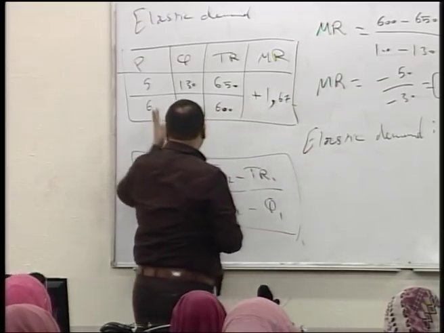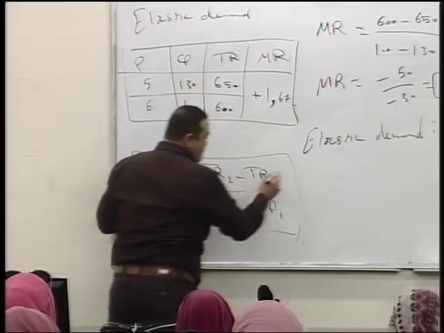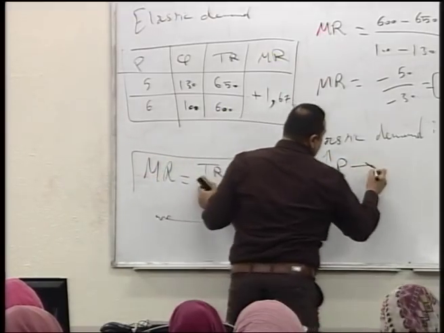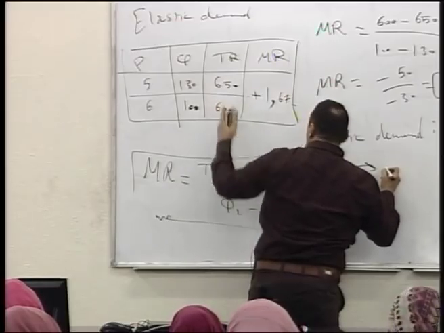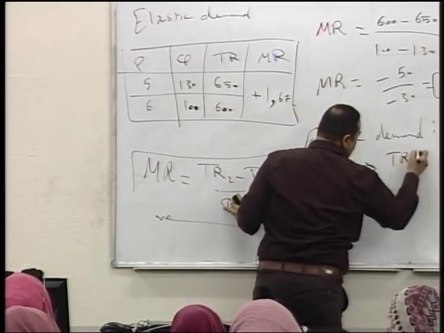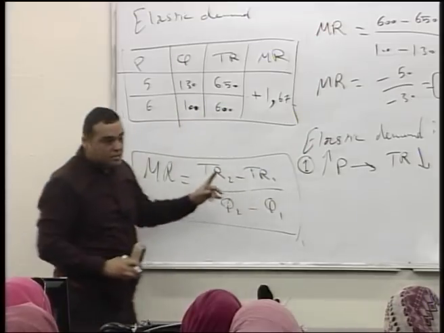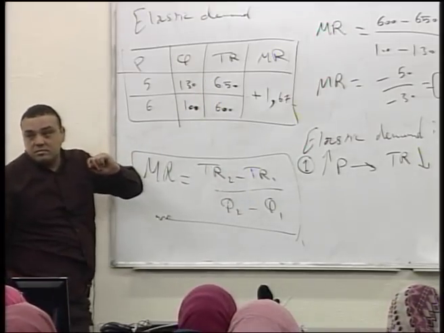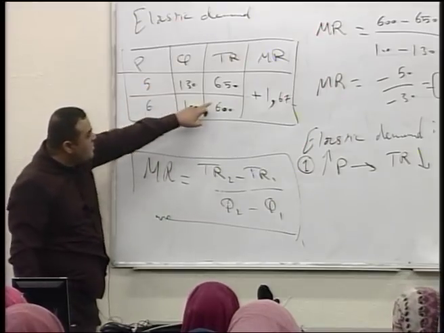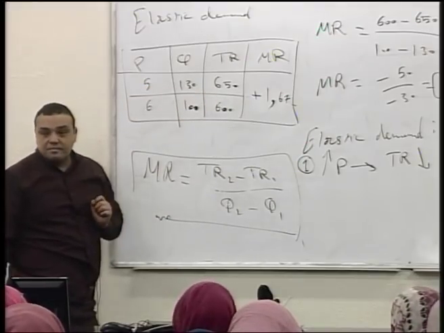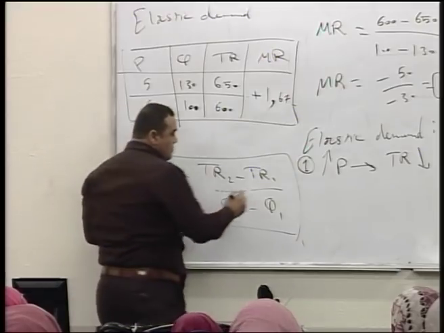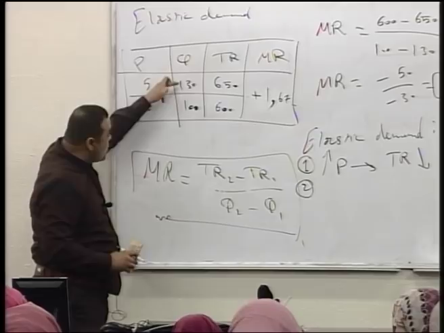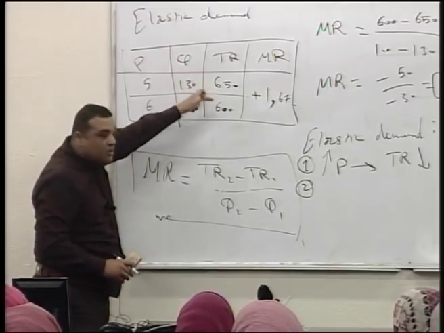With elastic demand, as the price goes up, total revenue goes down. هاي صح؟ مظبوط؟ طب لو البرايس نزل, total revenue goes up. صح؟ But two, as the quantity sold goes down, total revenue goes down as well.